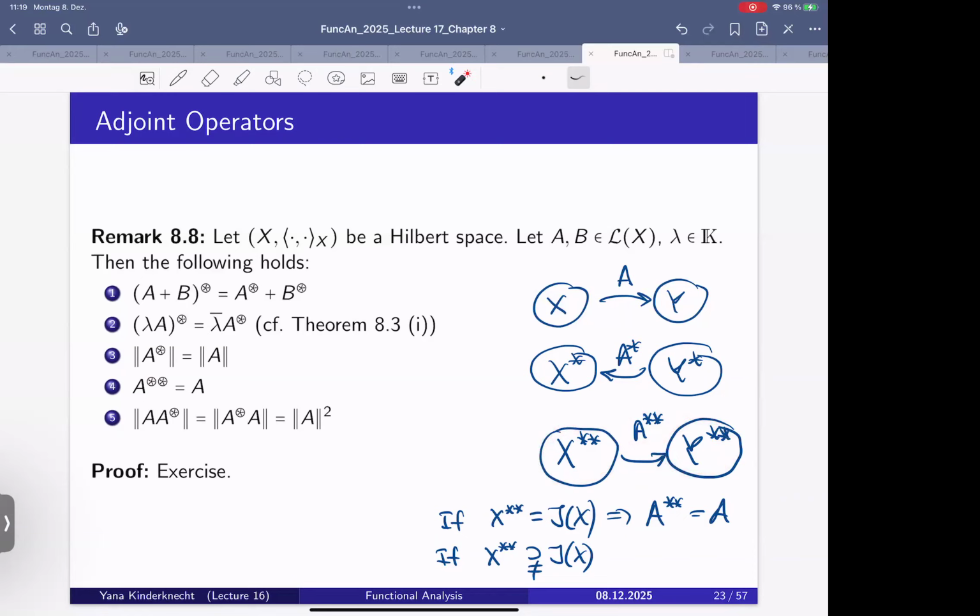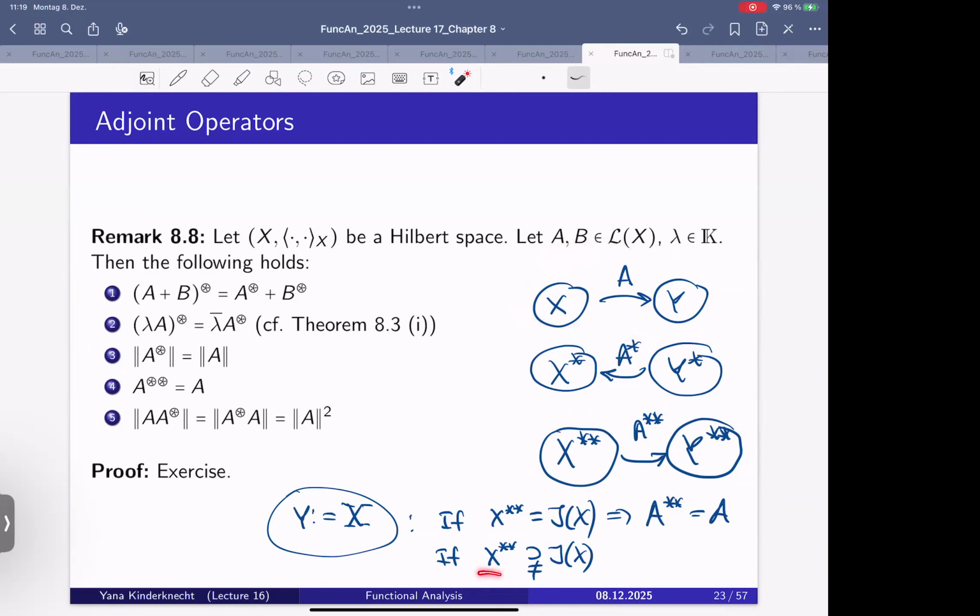I mean, here I'm speaking about the situation Y equal to X, because I am interested in coming back here. So I consider Y equal to X, but nevertheless, if X is reflexive, the situation here is just the same as it was originally.